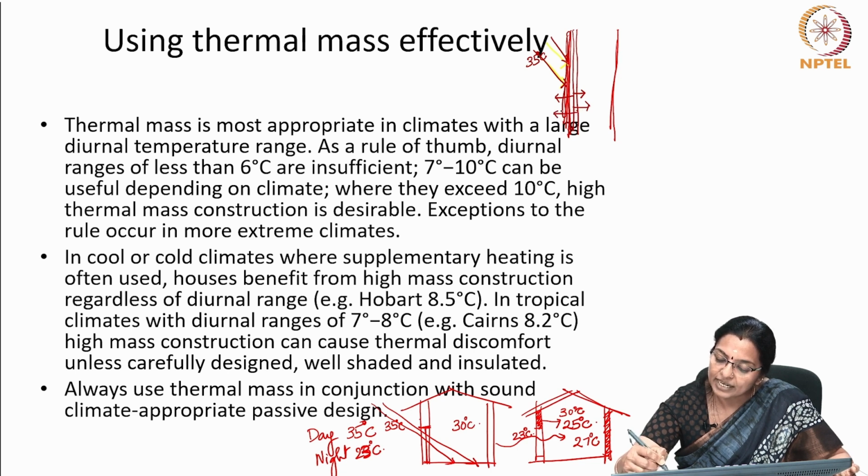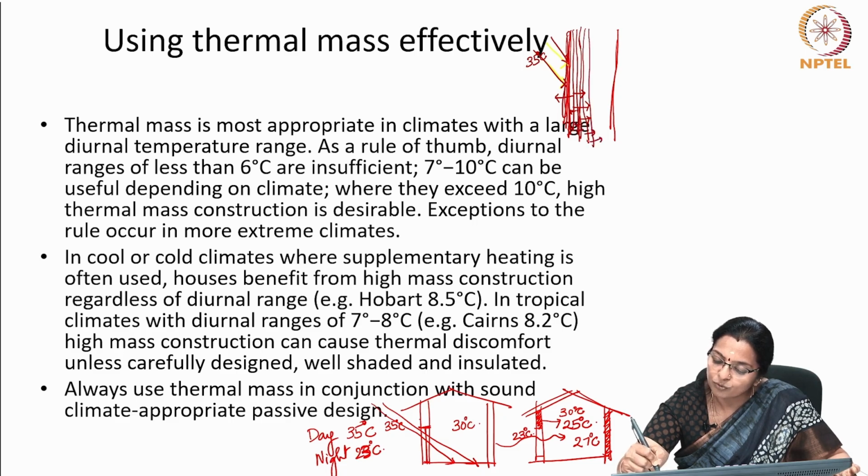When I say outside, I mean only to the adjacent layer. Then further this layer gets heated up, it passes the heat on to the next layer and the adjacent layer, and so on and so forth.